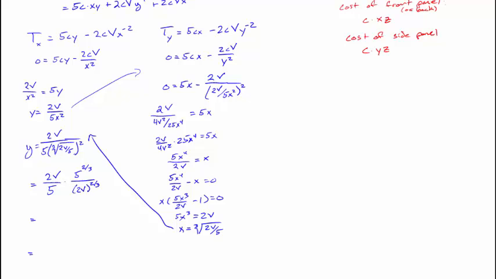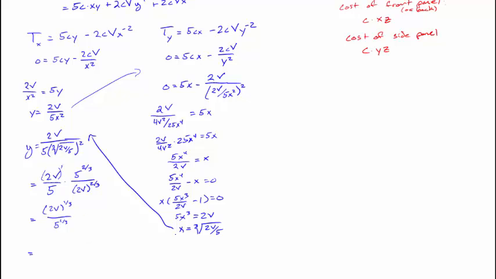So I can flip this, but I need to do it on the outside here, not keeping it underneath. Now we do subtraction of exponents. So 2v is to the first, minus 2/3 is 2v to the 1/3 over 5 to the 1/3. This is more the kind of answer that I was expecting.